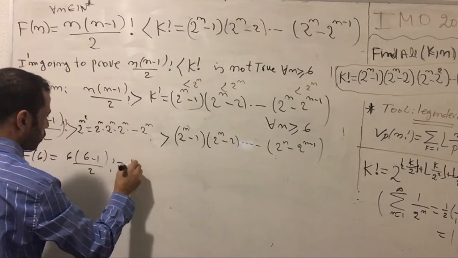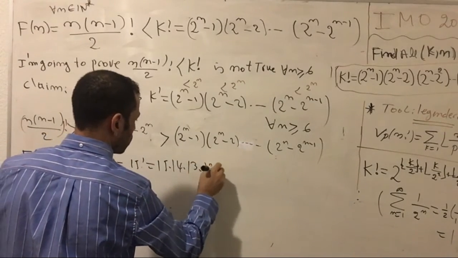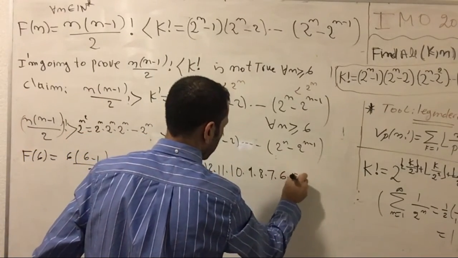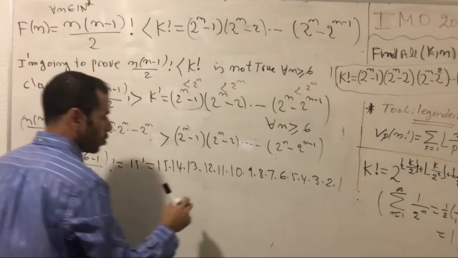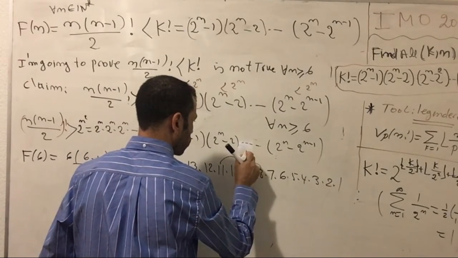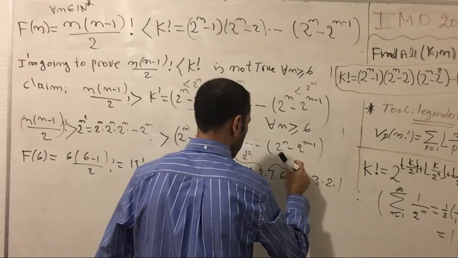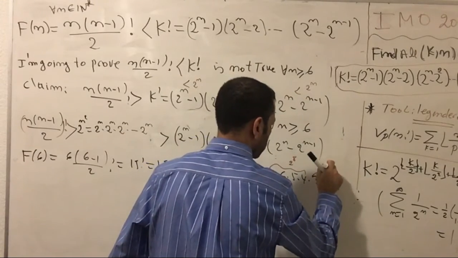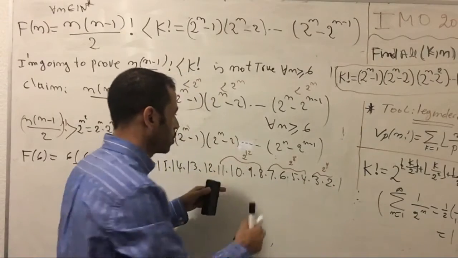That equals 15 factorial: 15 multiplied by 14, 13, 12, 11, 10, 9, 8, 7, 6, 5, 4, 3, 2, 1. If you calculate these terms from 11 to 8, you find 2 to the 12. If you calculate 7 to the 4th, you will have 2 to the 8. For 6, I can rewrite this one to the 4th. I'm picking up just these numbers.